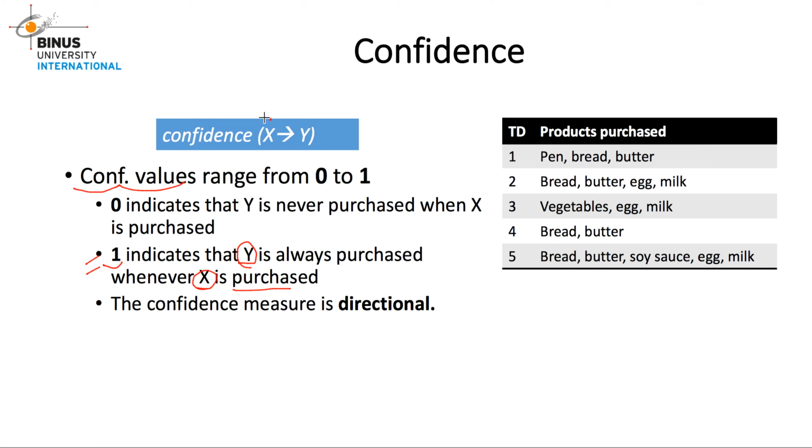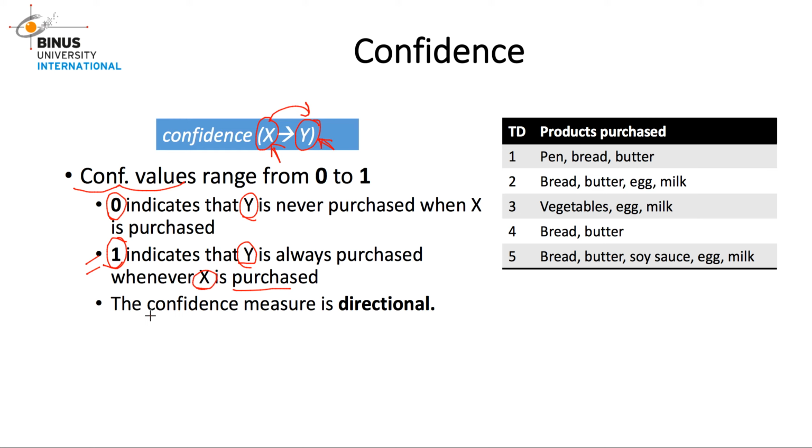So this is the antecedent, this is the consequence, always both together. So there is no single event where Y is bought without X. So that's how you read the confidence value. How about 0? 0 is the reverse, the other way around. Y is never purchased when X is purchased.